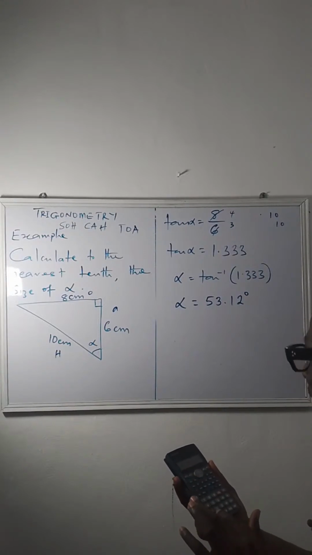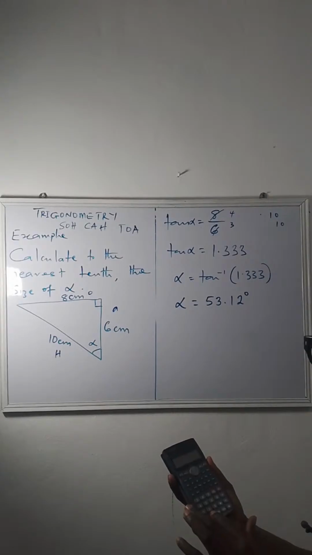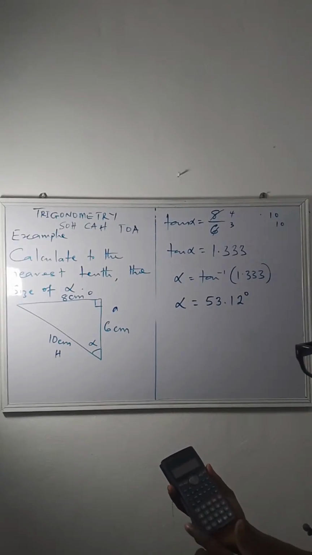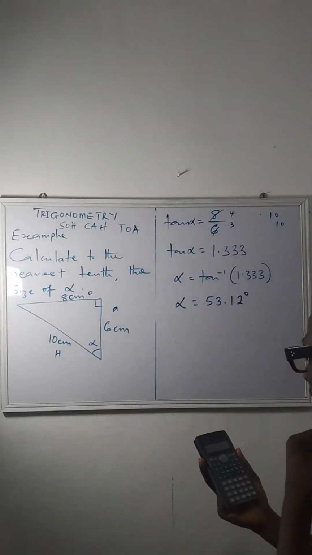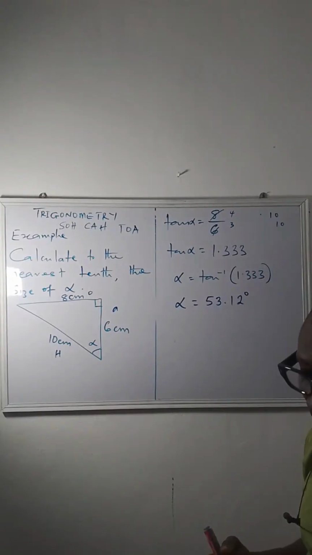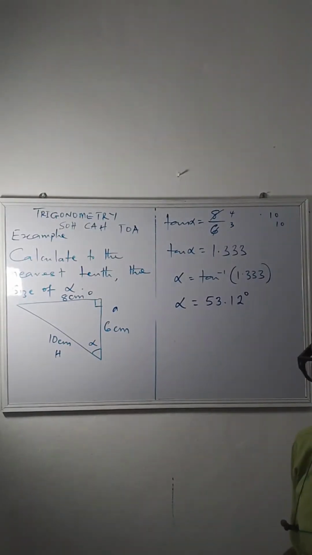So press shift, then tan, and see what you have as your answer. Those of you that have 0.023 didn't press the shift. I hope you understand what I just said.